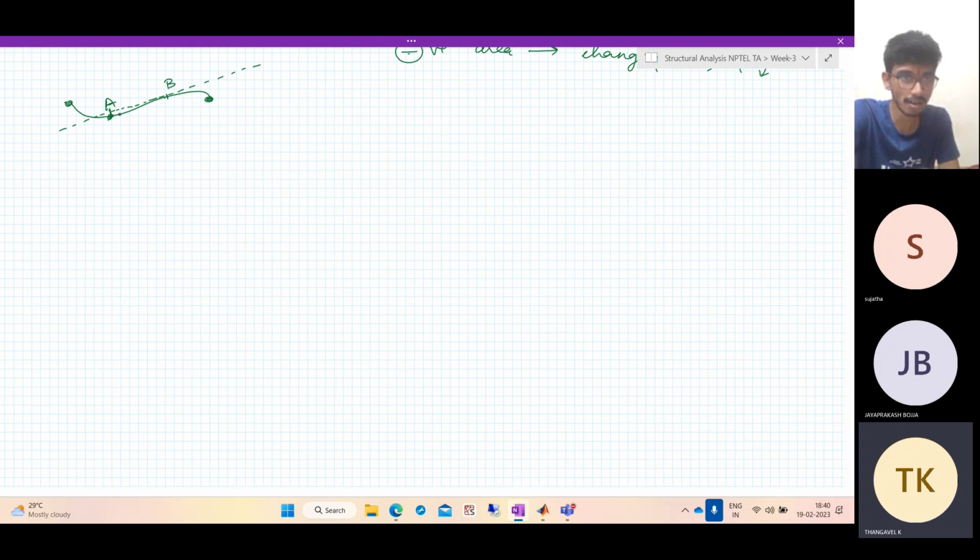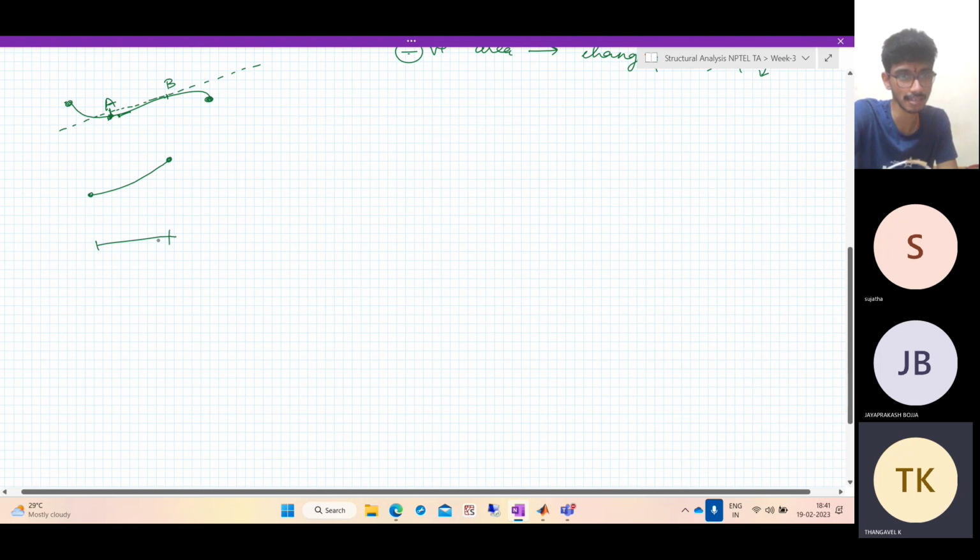Consider a very small segment of the curve of length dx. Since the angles are small, dx will be approximately equal to the curve length.